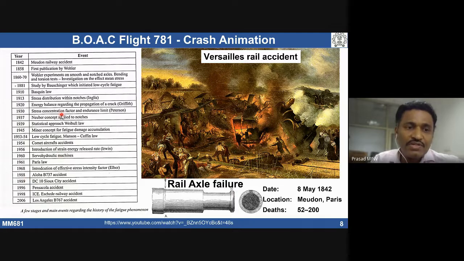The first scientific publication came from Wöhler, who reported that the train failures of those days were attributed to cyclic loading conditions, simply called fatigue failure. He studied various components, subjected them to bending and torsion tests, and investigated the effect of stress on the failure of a material.